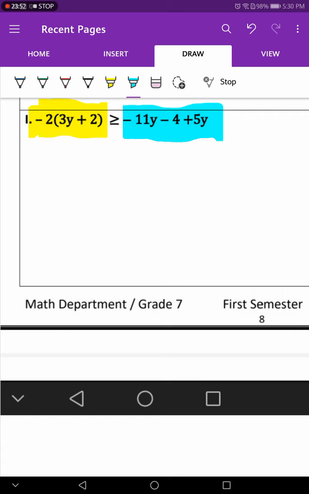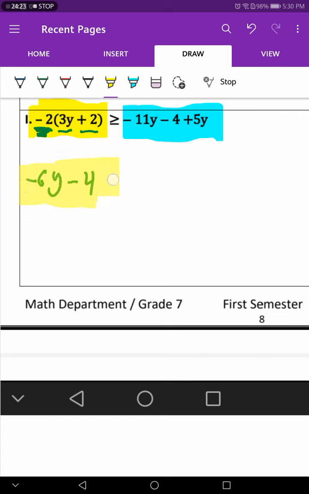You can stop the video and try to do it and compare between me and you, and see if your answer is matching with my answer. Okay, break the parentheses as usual. -6y. I get it from here, -2 multiply 3y. And -2 multiply 2, it is -4.